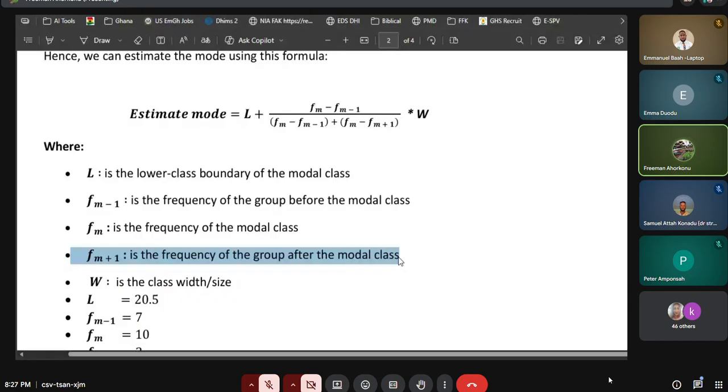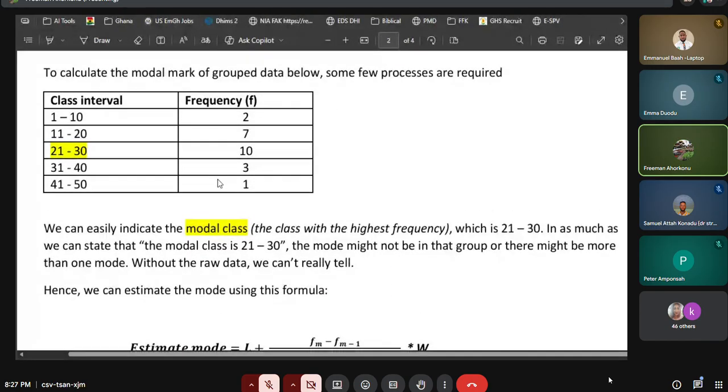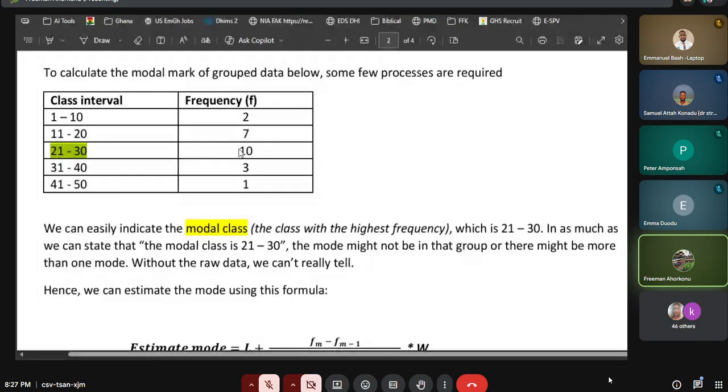So let's go back there to the table. What is the modal class? 21 to 30. What is its frequency? The frequency is 10. What is the class before the modal class? That is 11 to 20. What is the frequency of the class before the modal class?